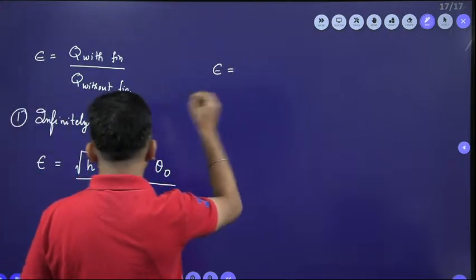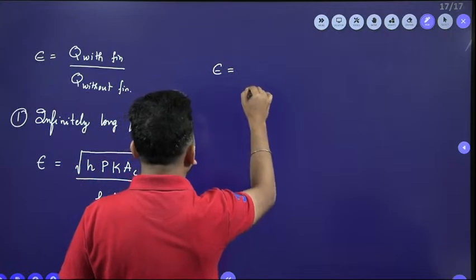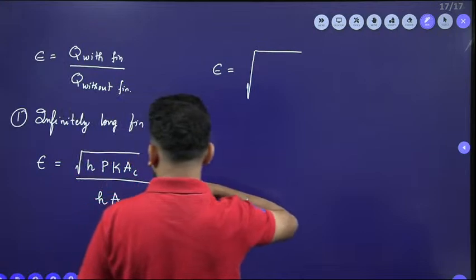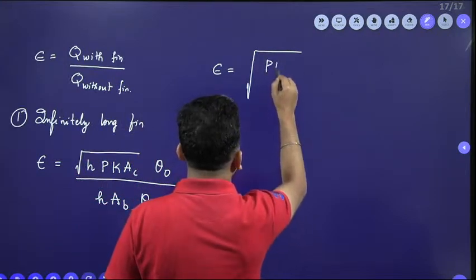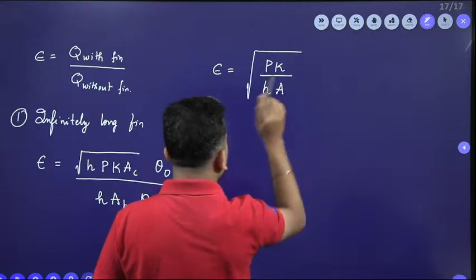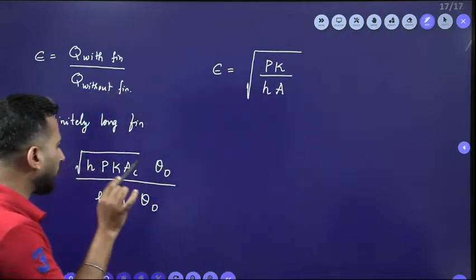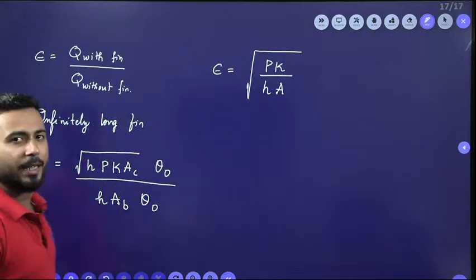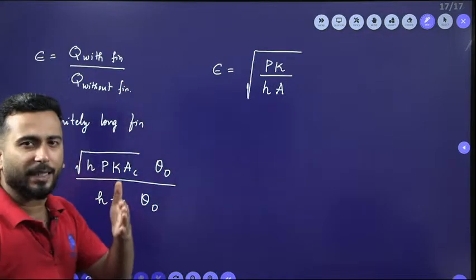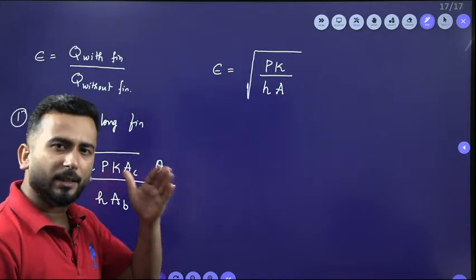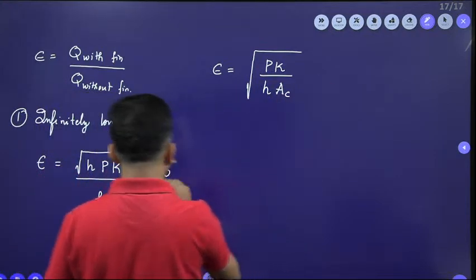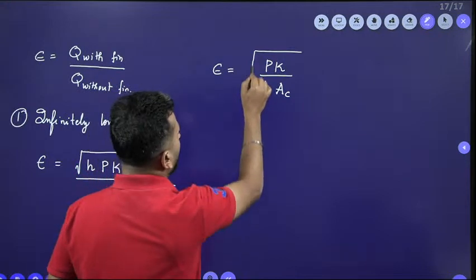A_C was the cross-sectional area that I assumed, A_B is the base area, and they are the same in this case. So I am simply writing A, and theta naught gets cancelled. So this is the expression for effectiveness.